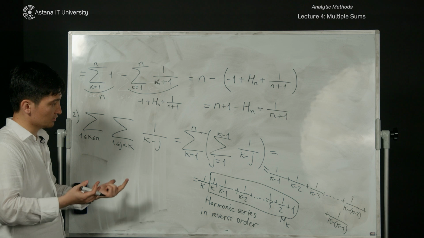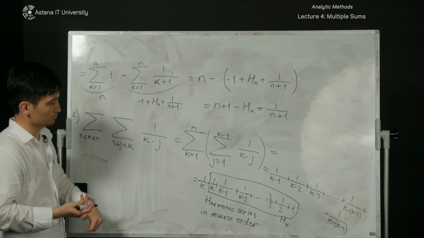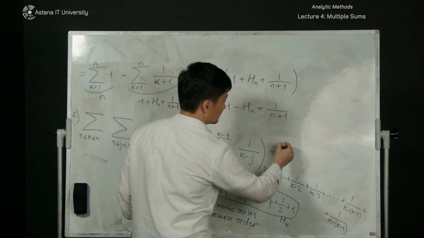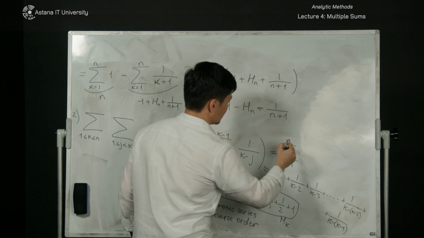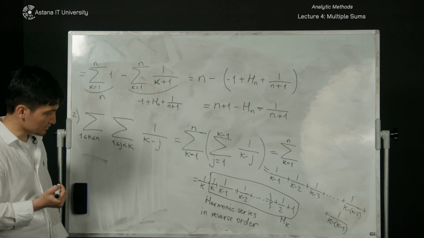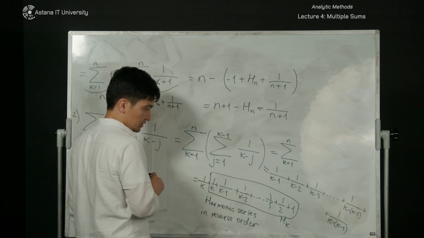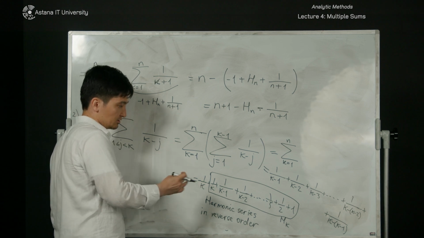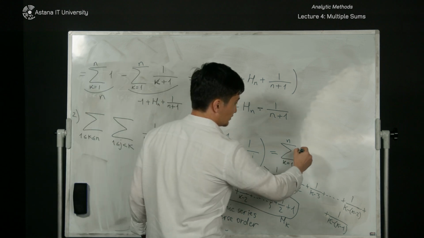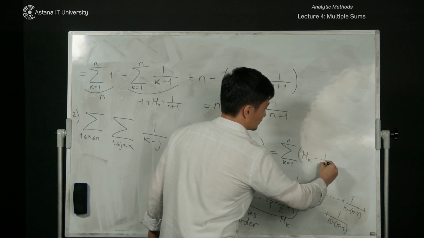Now what remains is to work with the outer sum. So we have the outside sum with k from 1 until n, and inside of it, under the sum, we will have hk, right? And remember that we added 1 over k and we subtracted it. So this subtracted 1 over k remains. So we'll have hk minus 1 over k.